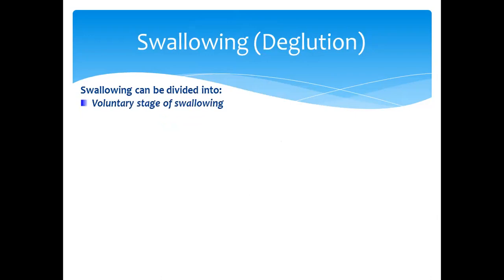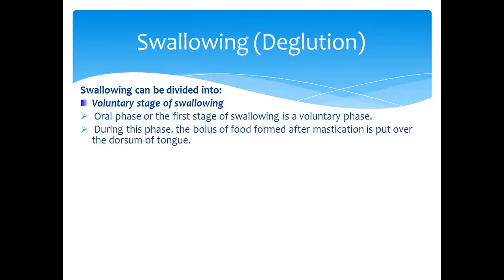Swallowing can be divided into the first, voluntary stage, that is the oral phase. During this phase, the bolus of food formed after mastication is put over the dorsum of the tongue.